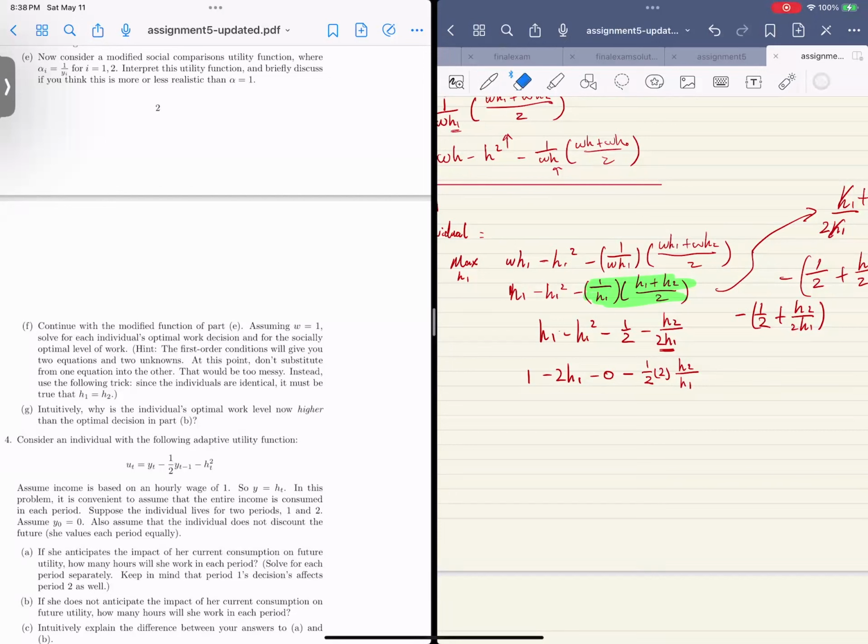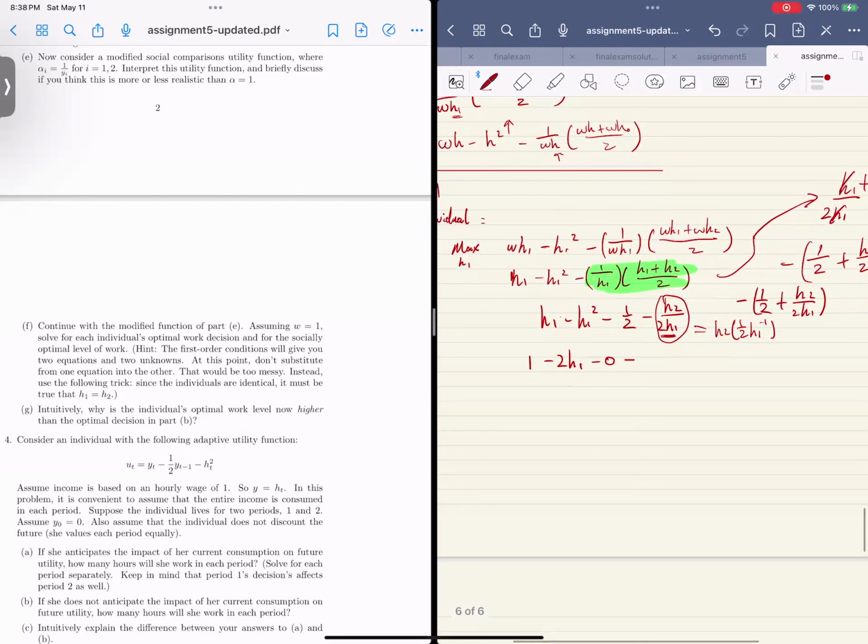Let me rewrite this. This equals H2 times 1/2 times H1 to the negative 1. Taking the derivative of that gives 1/2 H2 times negative 1 times H1 to the negative 2.